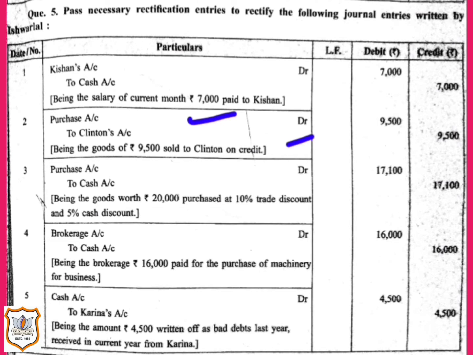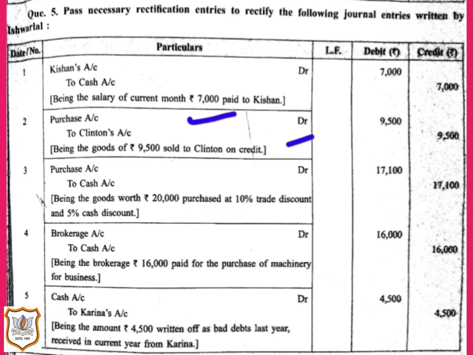As we can see here, as per the narration, goods have not been purchased from Clinton. Instead, goods have been sold to Clinton. So here purchase account should not have been debited. So let us understand the entry for rectification.